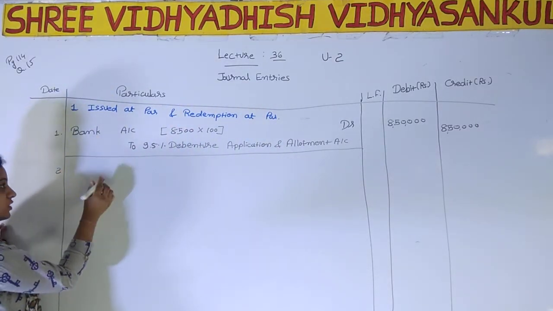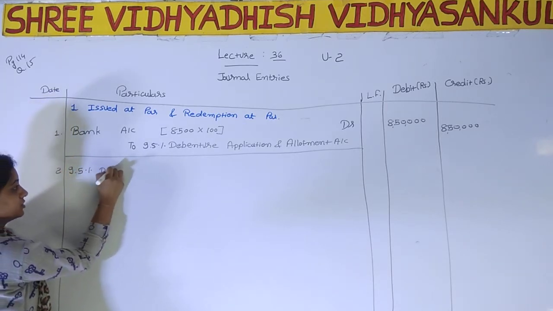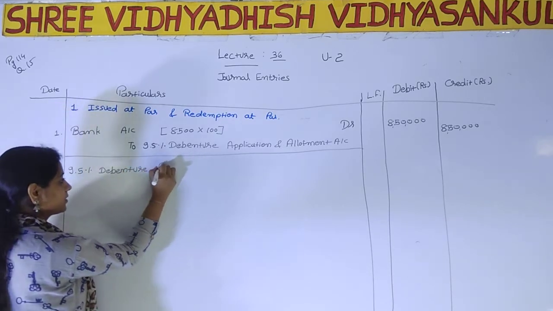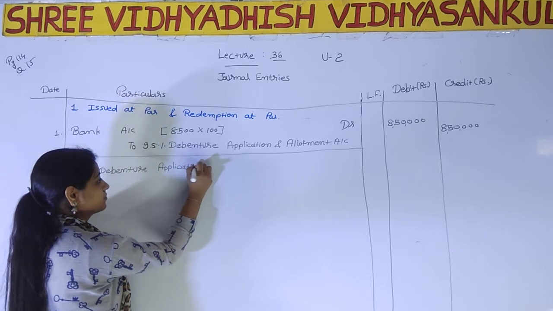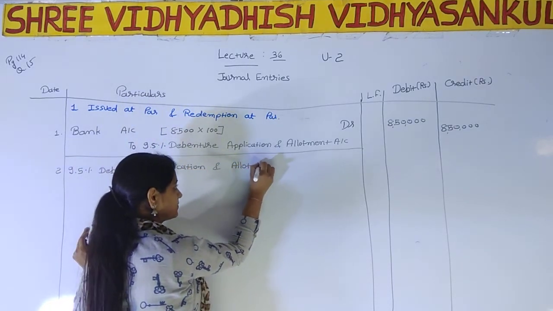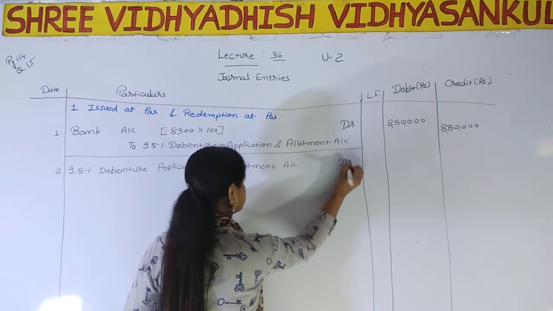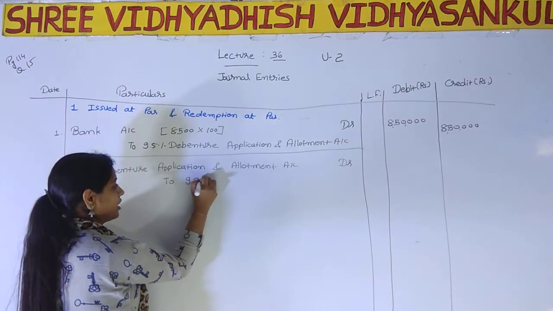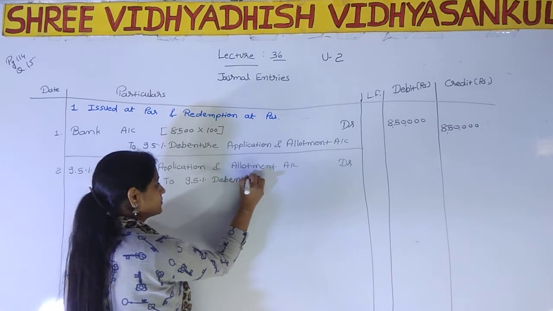That is the transferring entry. The transferring entry will be 9.5% debenture application and allotment account debit to 9.5% debenture account.